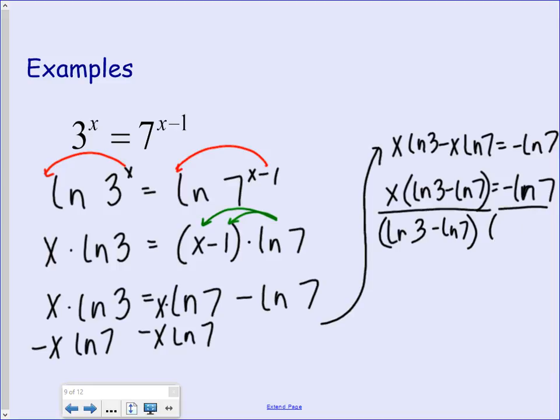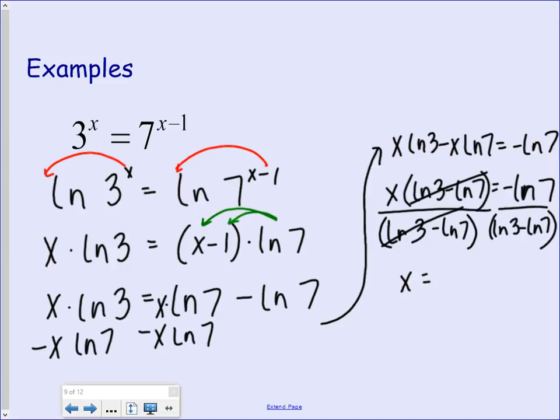So on this side, I'll have just x. On the other side, I'm doing whatever negative natural log 7 divided by this difference, natural log 3 minus natural log 7 is. Of course, you could do decimals earlier, you just have the issue of rounding. So if you choose to go decimals earlier, make sure you're writing down at least 3 numbers after the decimal so that you can get an exact answer.